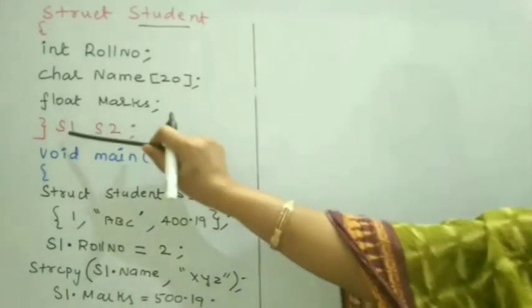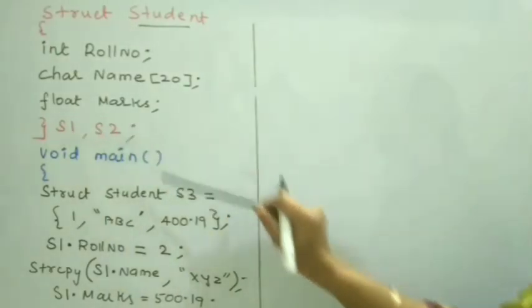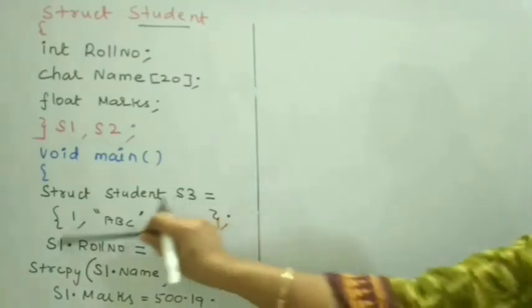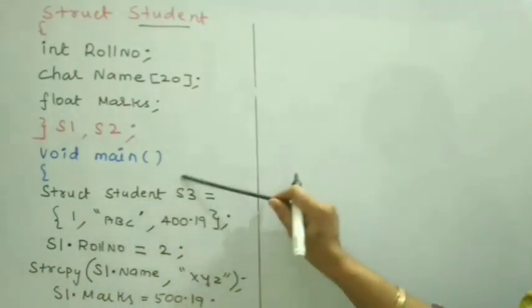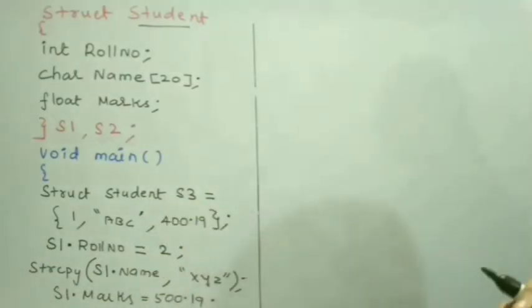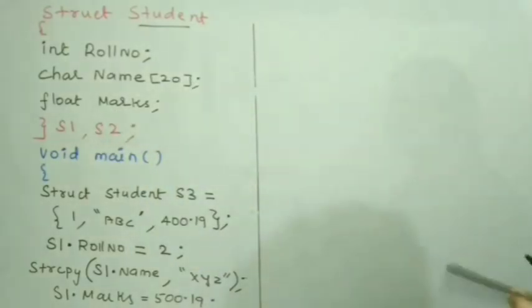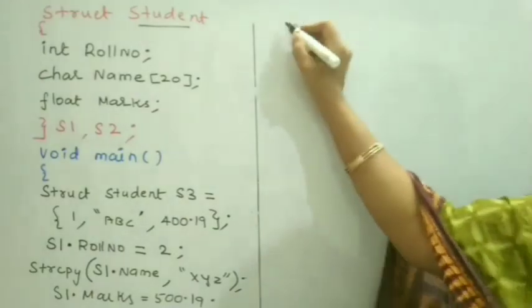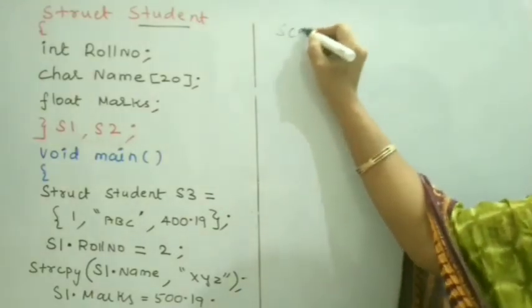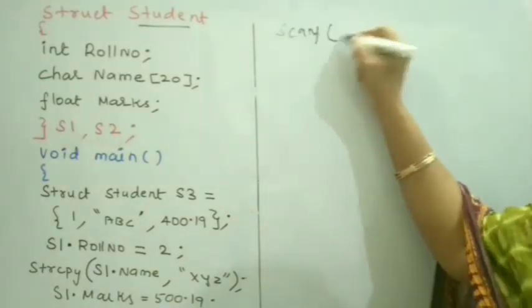Among the three structure variables declared, s1, s2 and s3, for s1 we have initialized value, and for s3 also we have initialized value. If I want to get value for the structure variable s2 from the user, I may make use of the scanf function.